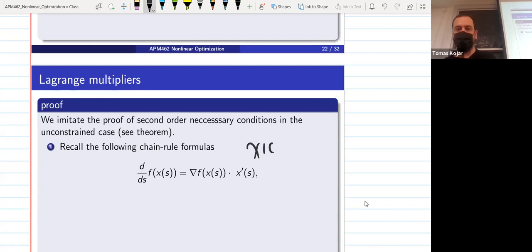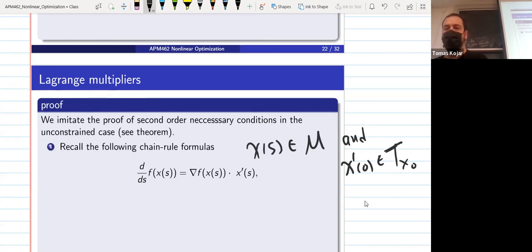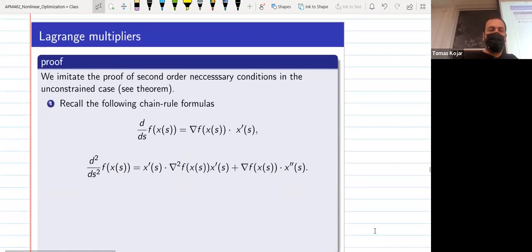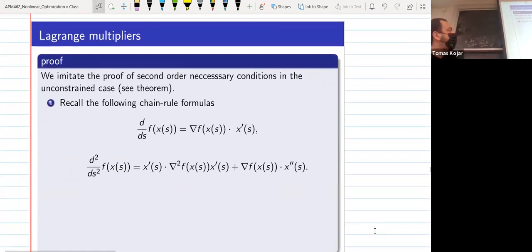To be clear, x of s is in the manifold, and x dot of 0 is a generic element of the tangent space. Okay, that's the context. And the first one is the chain rule, and the second one is the product rule.